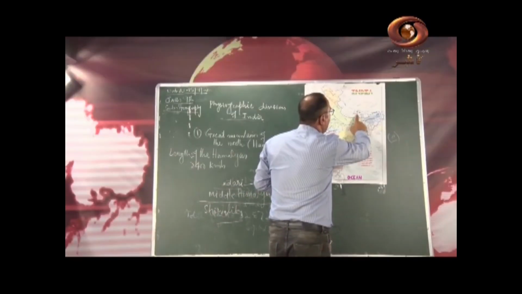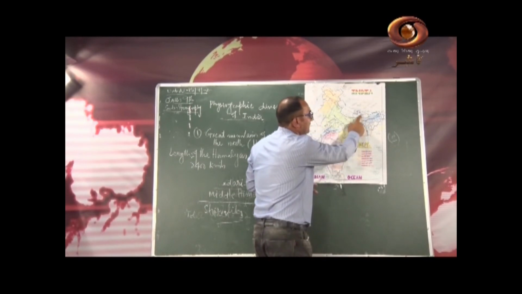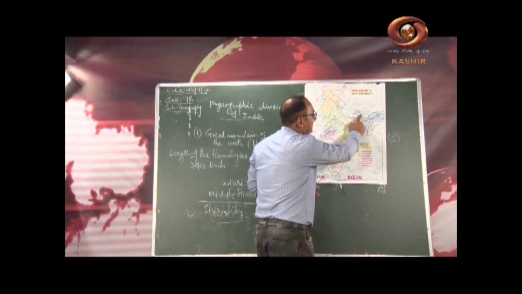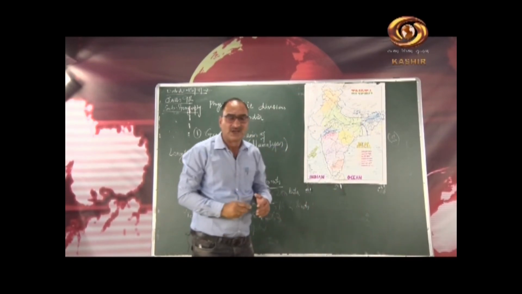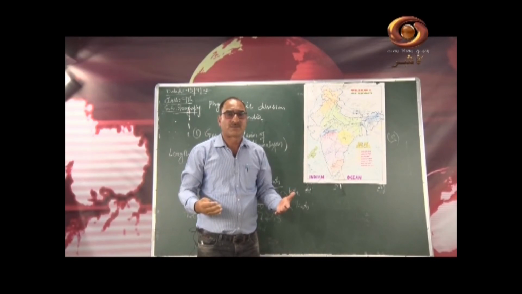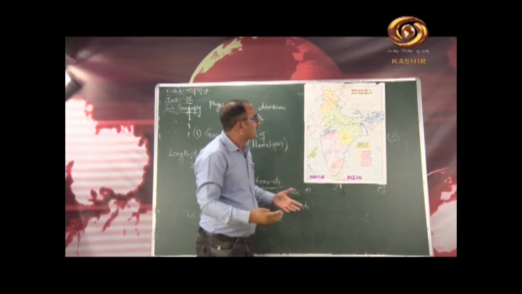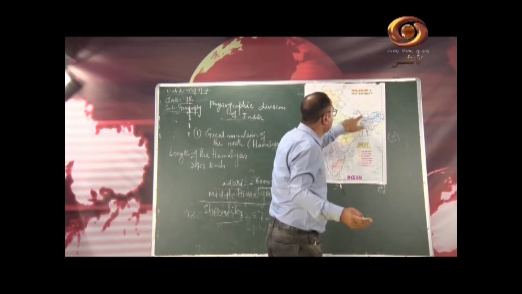Then there is one more peak which is near Sikkim. Near Sikkim I have identified this with a black triangle. Here it is Kanchenjunga. Kanchenjunga is India's highest peak in the Himalaya.